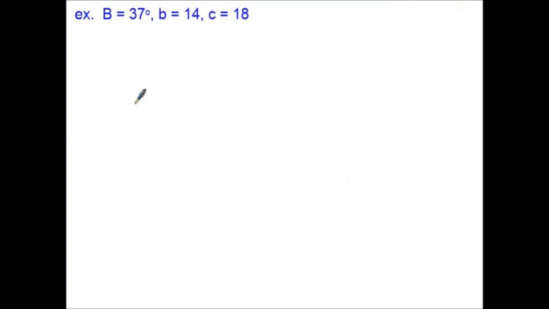Alright, last case. Hint, we haven't seen one with 2 answers yet, so here we go. ABC, B is 37 degrees, little b is 14, and little c is 18. So again, little a is the one I don't know, and I'm going to have to try to find it first, and the 14 is the one across from the angle that I have, so my equation is going to look like 14 squared equals to start with.